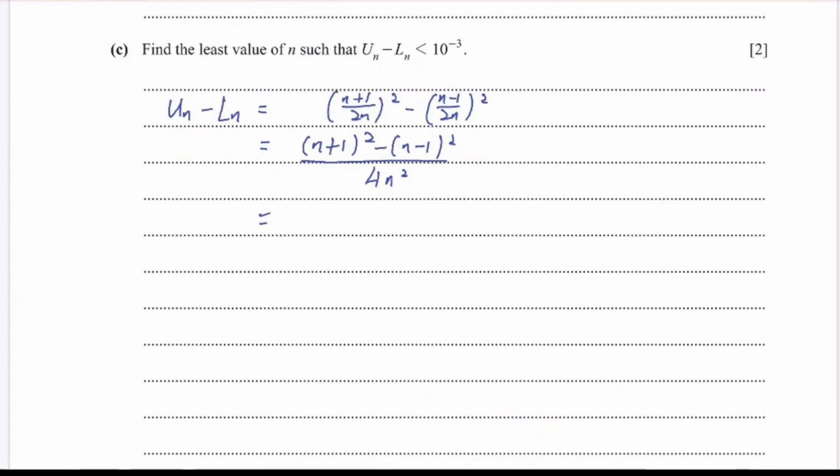So we are getting n squared plus 2n plus 1 minus n squared plus 2n minus 1 over 4n squared. It's good that when we simplify everything from there, it is just giving us a 4n at the end there. So here is 4n over 4n squared, which is just 1 over n.